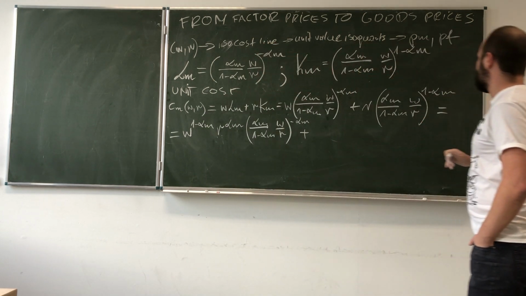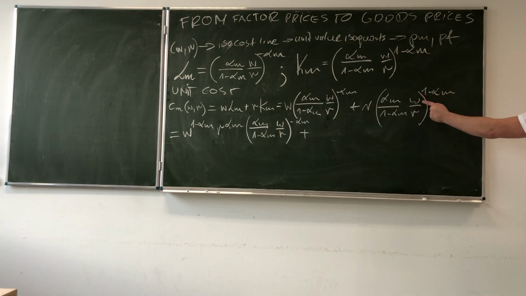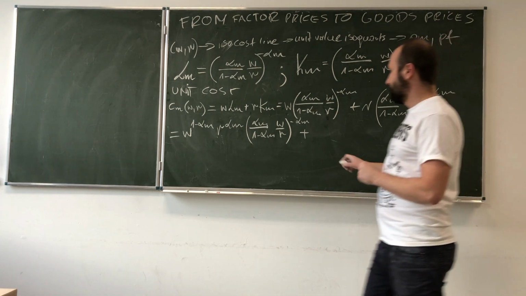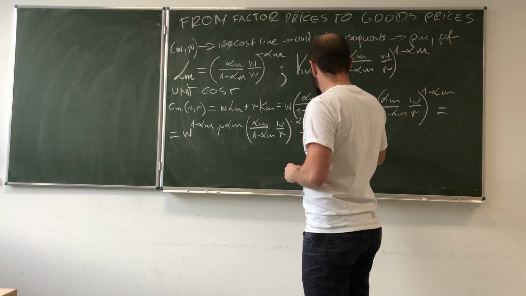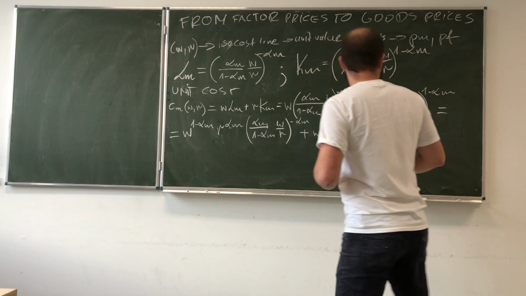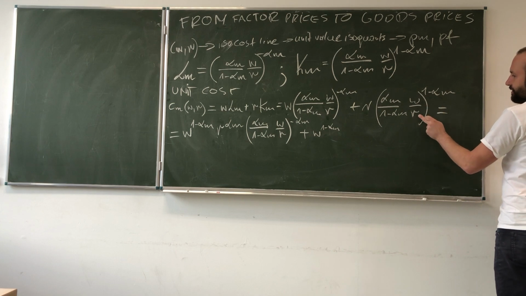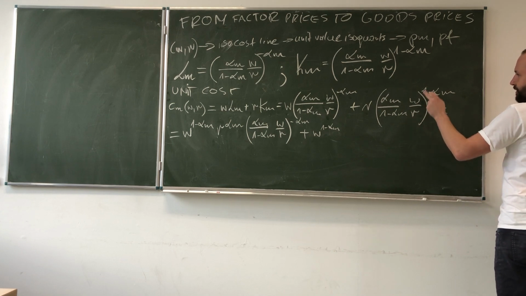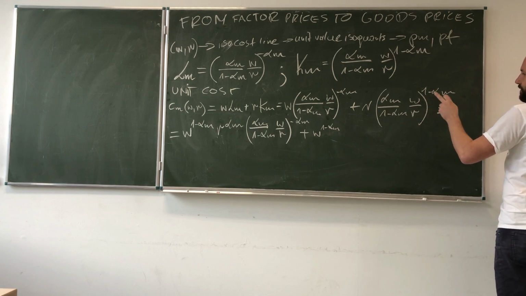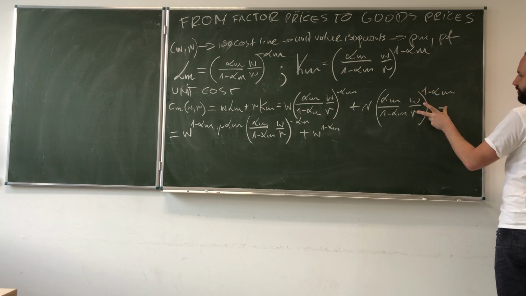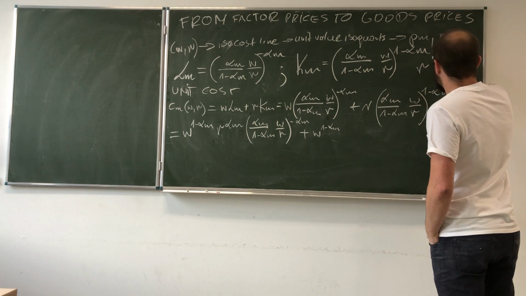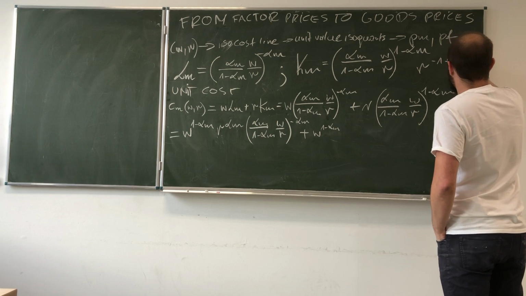Then I can do the same thing here. Look, right away I can take w to the power 1 minus alpha_m out. And now, here is r to the power of 1, and here is r to the power negative 1. So after multiplication over here, we would have r to the power negative 1 plus alpha_m.